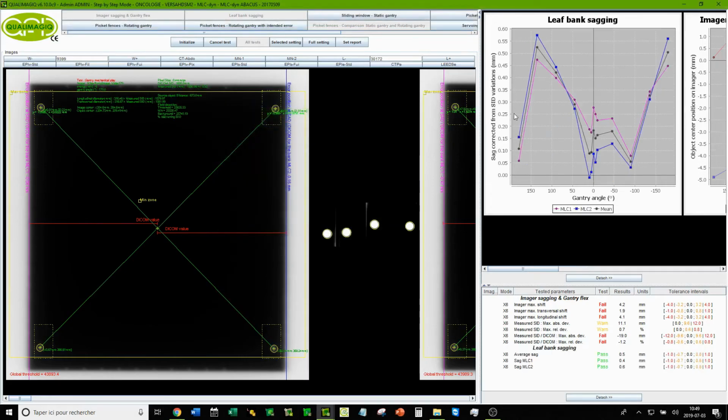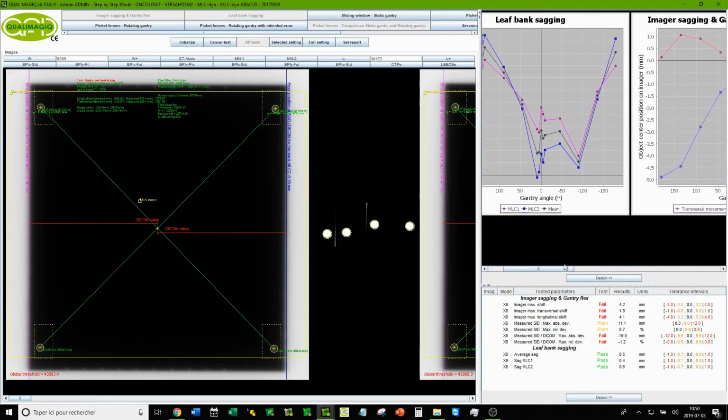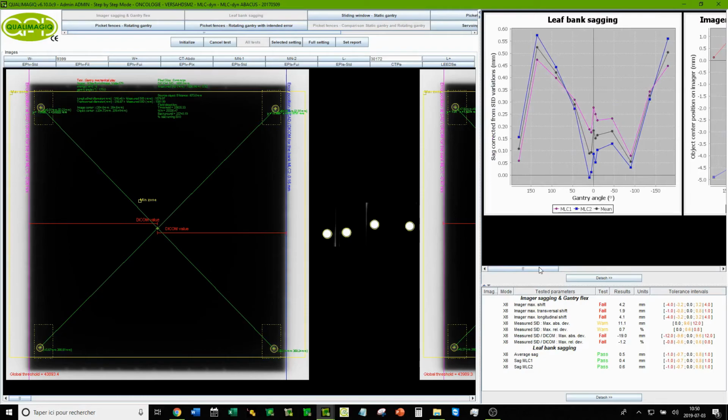We have approximately the same result here, 0.6 mm, so we can see that there is sagging. The 2 banks, blue and purple, are parallel, so the same amount of sagging is present. It will impact the slit positions with a rotating gantry, but not the slit width.